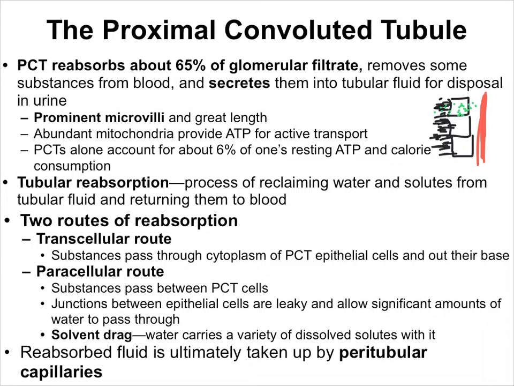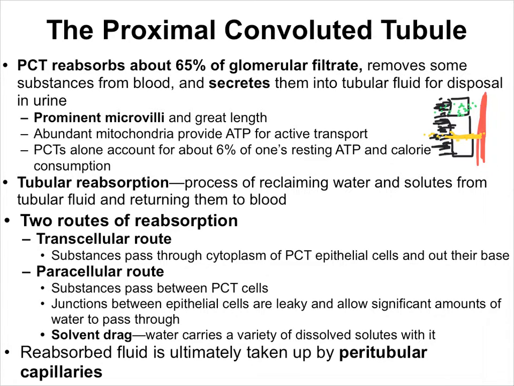There's also the paracellular route. These epithelial cells of the proximal convoluted tubule don't have tight junctions. They have fairly leaky junctions, and so some things can just passively diffuse between the cells and back into the blood, which I'll do in yellow.